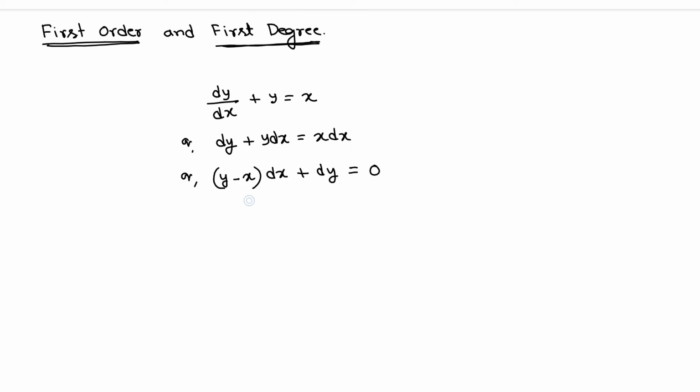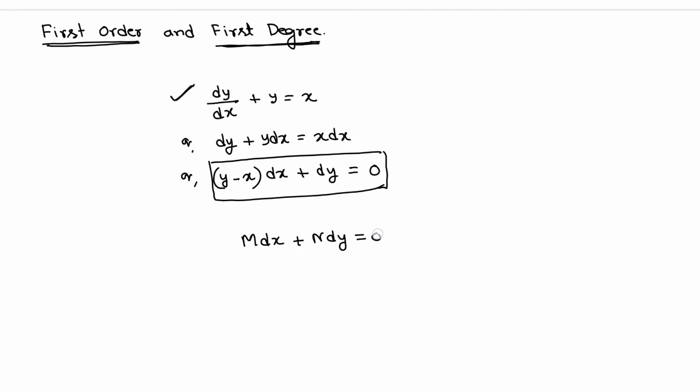Yes, we can write in this form. So I have changed this differential equation into this form. Let's say this form is of the form M dx + N dy = 0. Now if you compare these two equations, tell me what is M? M = y - x, and what is N? N = 1.